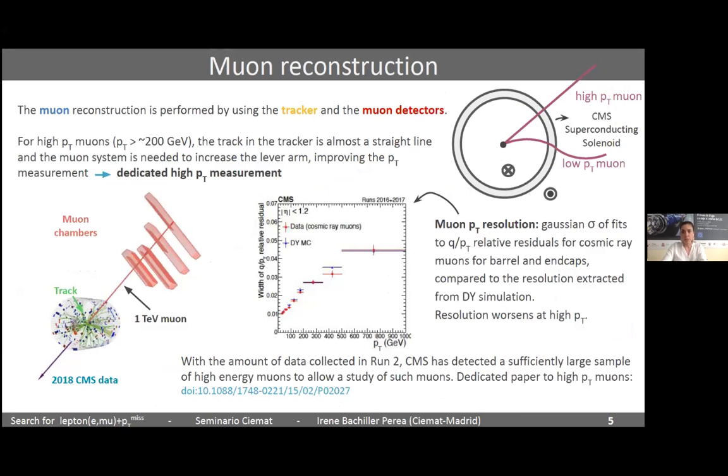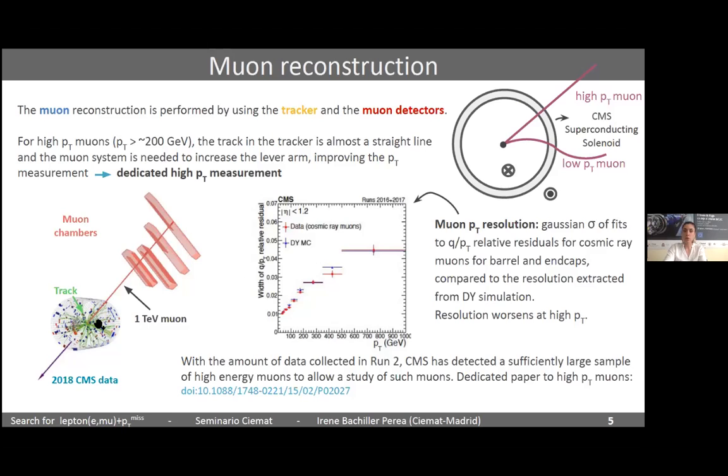How to reconstruct the muons? Well, the muons use also the information in the tracker, but also the muon chambers. When the muon has a low PT, the curvature is bent and is very clear. When it has a very high PT, a very high momentum, the trajectory is almost a straight line.